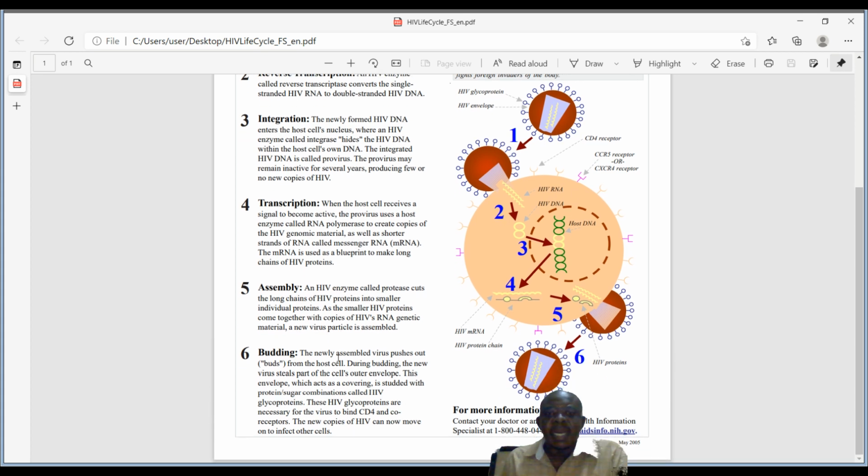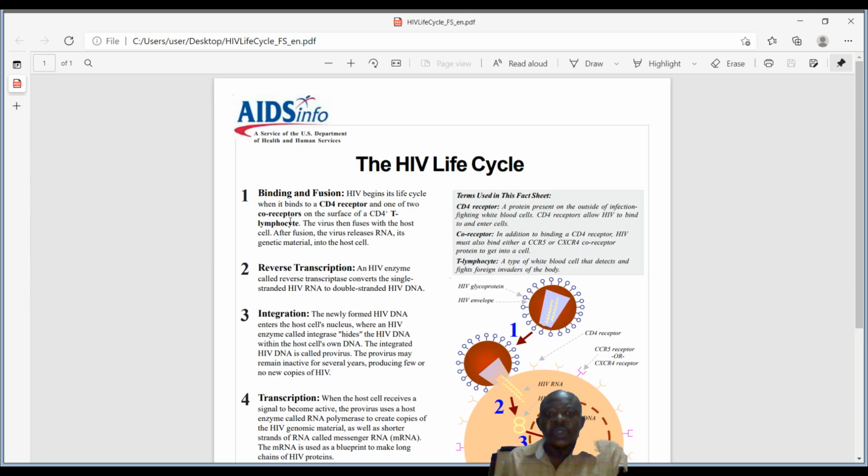budding. So when we talk of binding and fusion, we are looking at the stage at which HIV begins its life cycle when it binds to CD4 receptors and one of the 2 co-receptors on the surface of the CD4 T lymphocytes.